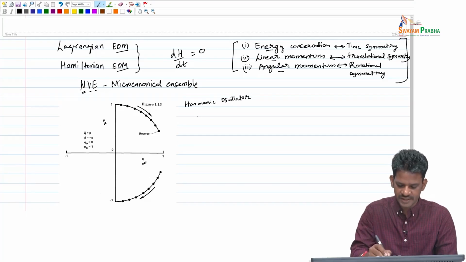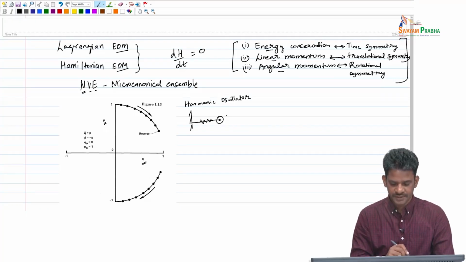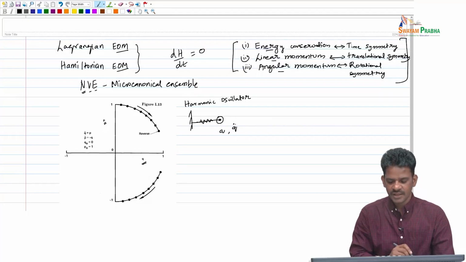You can think of a particle of mass m bound to a spring, and then you look at the dynamics of such a simple harmonic oscillator. The position is given by q, and the velocity at which this particle is moving is given by q dot.